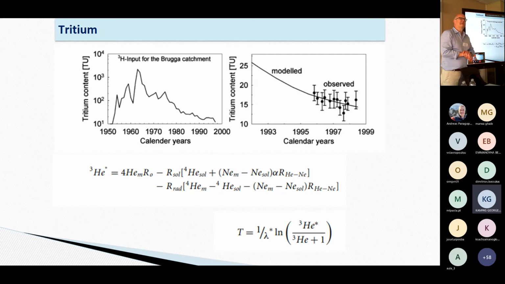Every 12.3 years, the radioactivity is halved, so it's reduced by a factor of 2. This means if we start with 5 tritium units, then after 12 years, we still have 2.5. After 25 years, or 24.6 years, we still have 1.25. After 37 years, 37.1, we still have 0.625.